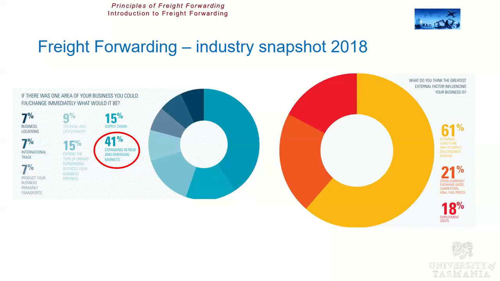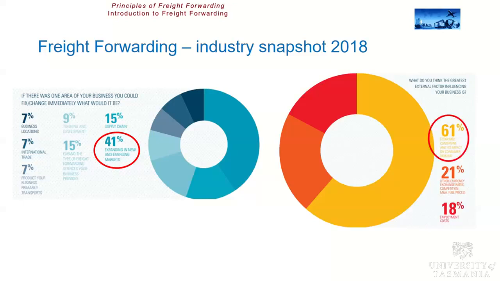It's an interesting answer, because if you were an importer and exporter, and I say to you, how would you grow your business? It's most likely going to be a similar type of answer, and that is the expansion into new and emerging markets. So looking for new markets to do business.